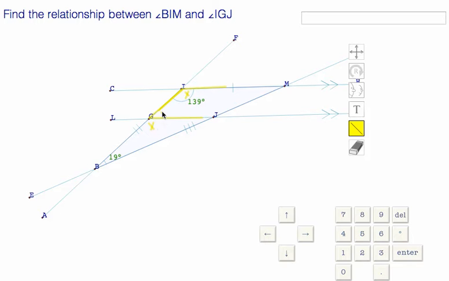So if these two are supplementary, then these two have to be supplementary, okay? So if I call this angle X and this angle Y, this angle X is corresponding to this angle X up here, right? So this is angle X. So X and Y are supplementary, then these X's and Y's are also supplementary.